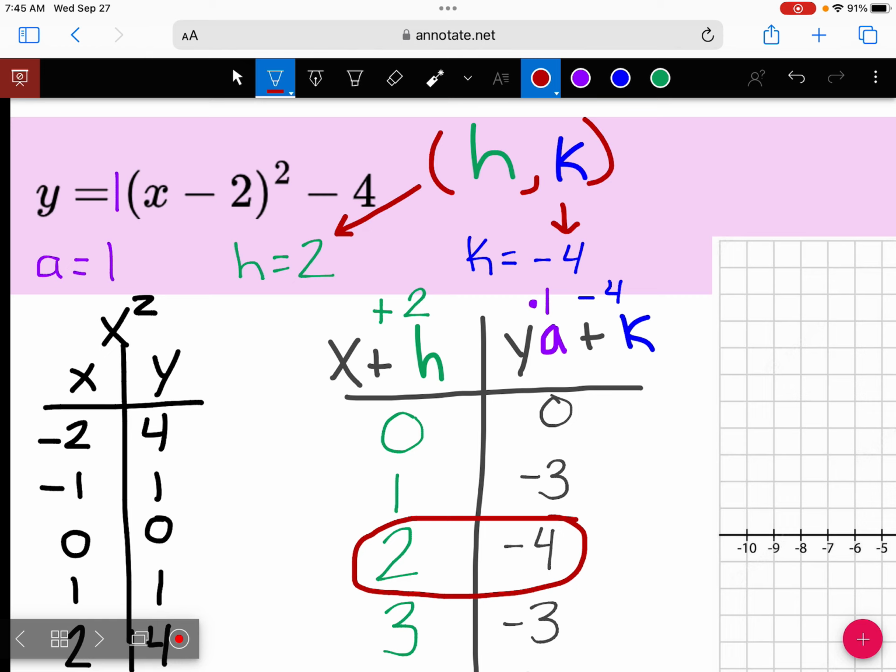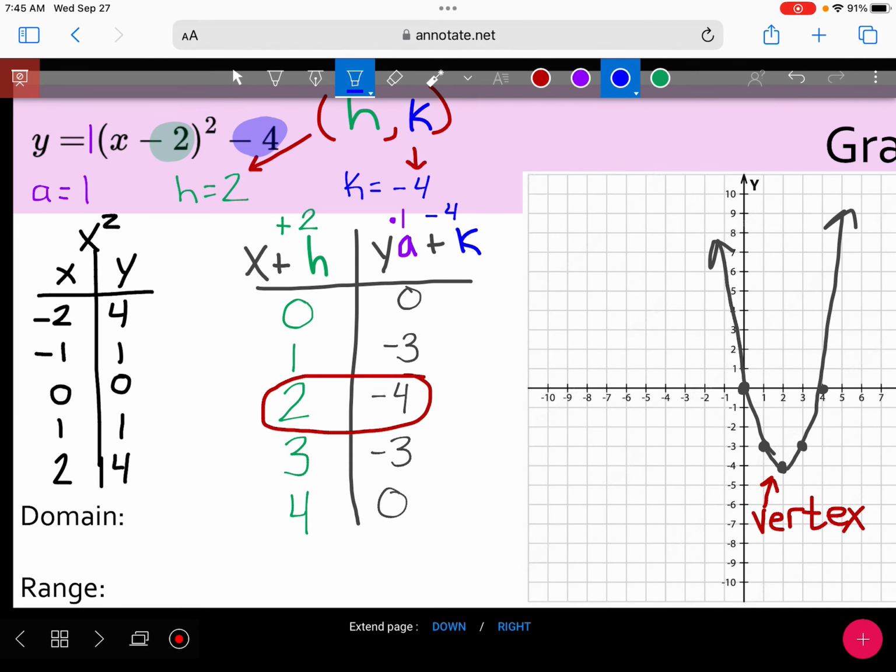That's why this is called vertex form, is it's inbuilt in here that this guy and this guy tell us our vertex. It's there. They're right there written out in front of us. So H and K are our vertex points. H, comma, K is the vertex.